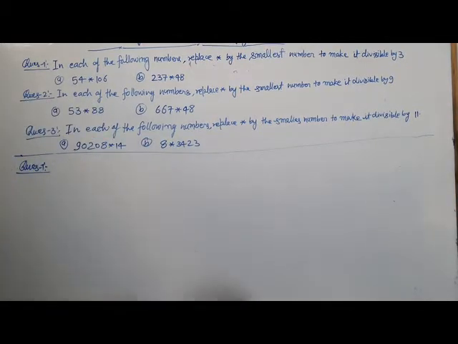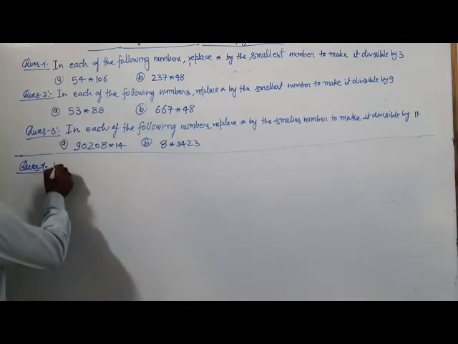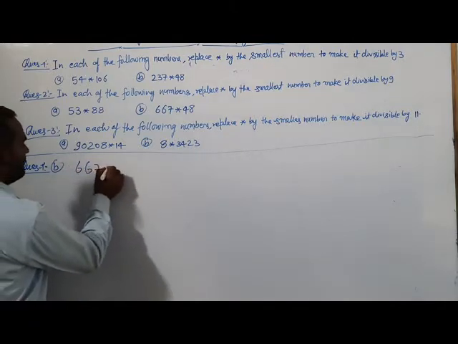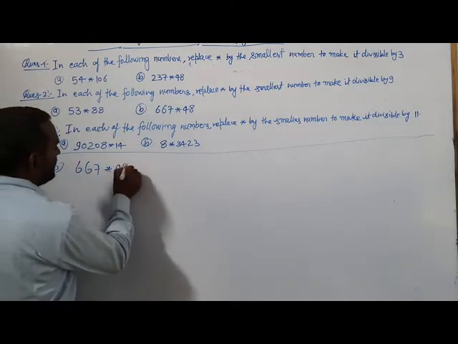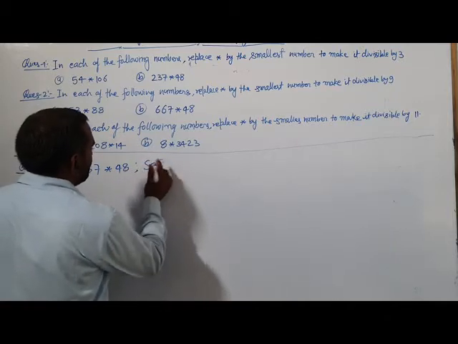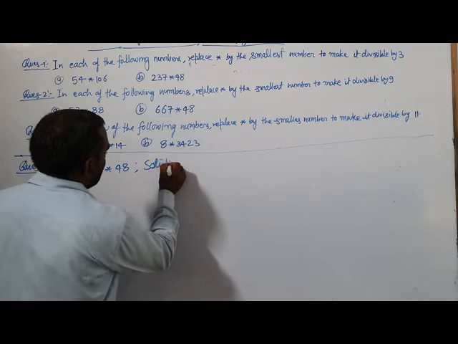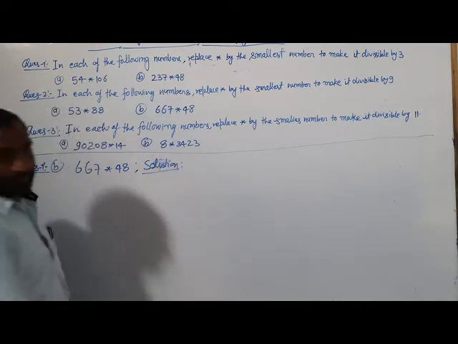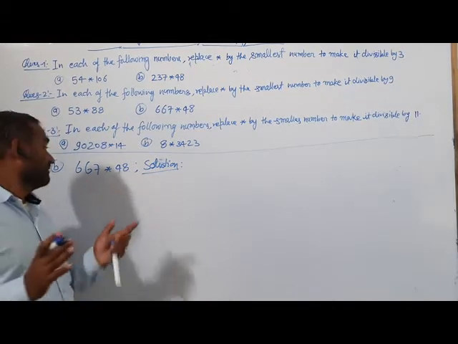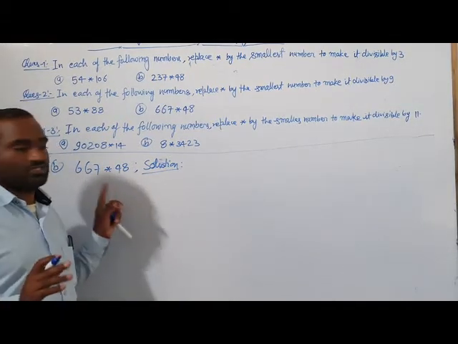Next is B. B is 6 6 7 star 4 8. Solution. In this we have to add the sum of digits leaving star.